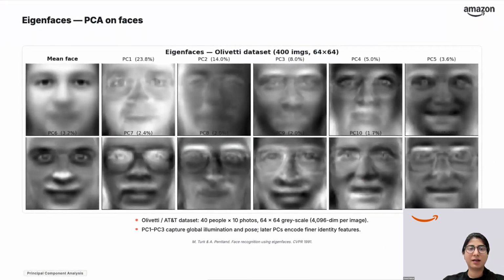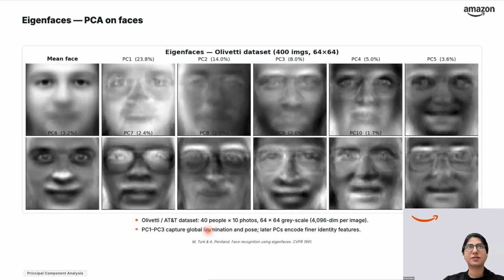So now, another example of PCA is the popular eigenface problem. This is a data set of around 40 people, and each image is 64 cross 64. So for every person, we have around 4,000 dimensional features, right?